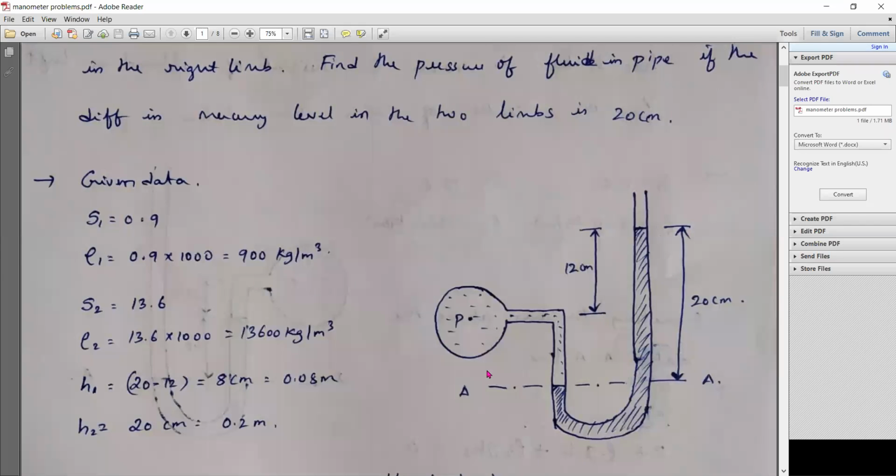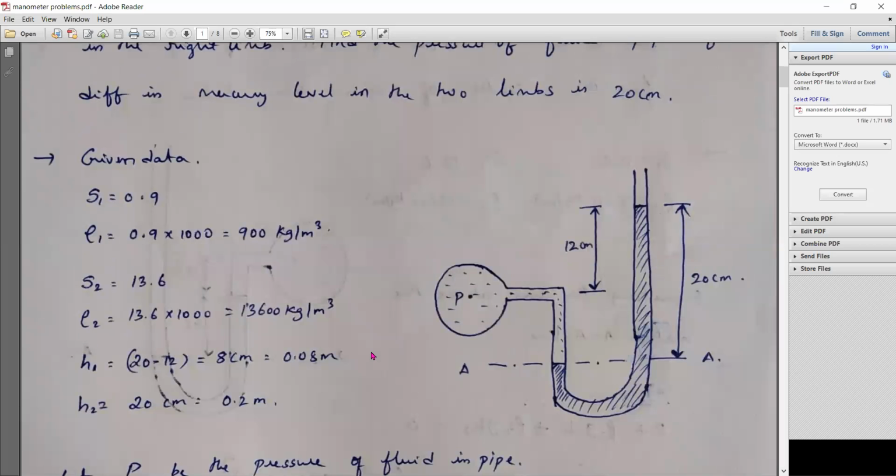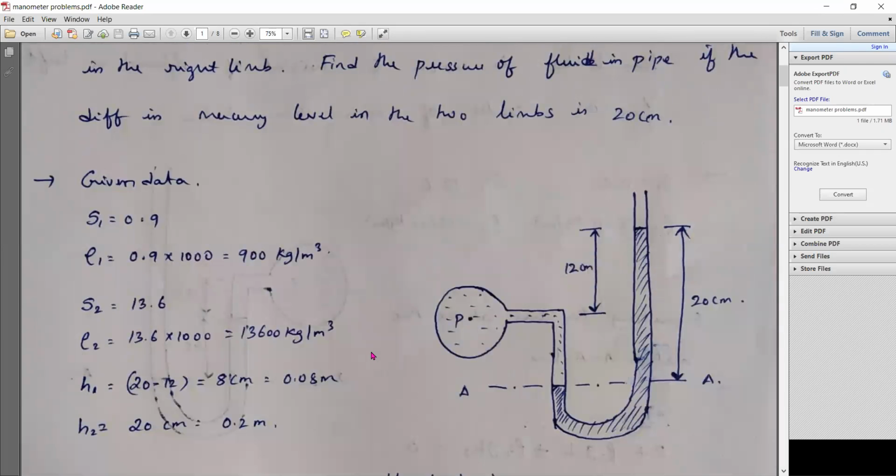So in the left limb, please write down: the pressure in the left limb above the datum line is equal to, first, P. Next, we have this fluid's head.